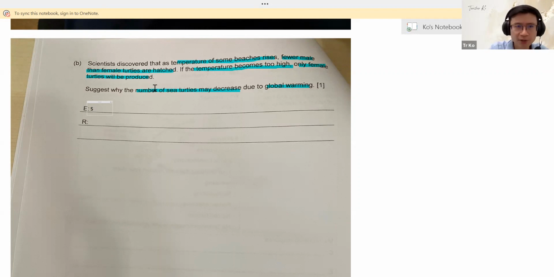It's basically our observation, right? Our observation and our inference. So what from the question, the graph, the diagram, in this case, there's no graph, there's no table, there's no diagram, it's only the question. So the only information I see from the question is about global warming. So that would be, I see global warming. I know the temperature will become high. So that is my observation.